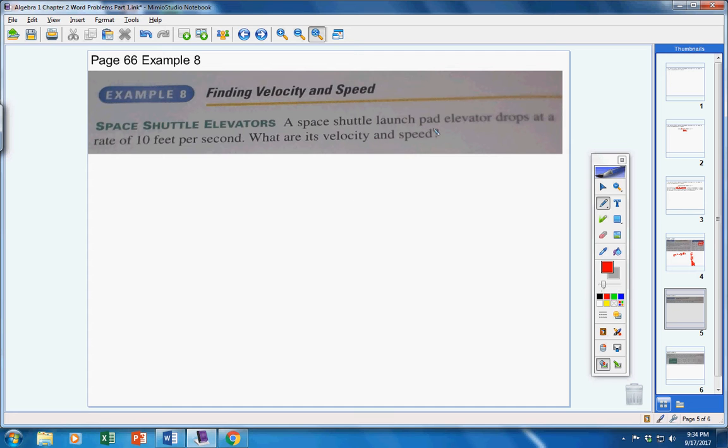A space shuttle launch pad drops at a rate of 10 feet per second. Now, this is new stuff, so write this down. Speed is always positive, okay? If you're traveling 60 miles an hour down the road, you don't say negative 60 or positive 60. You're traveling 60 miles per hour.